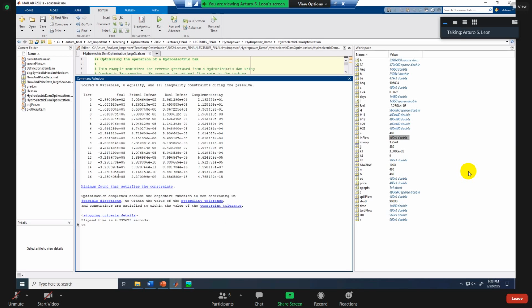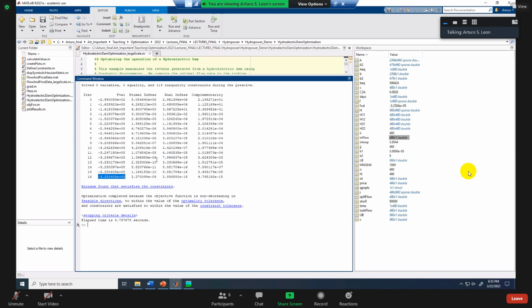Okay, guys. So here, for example, you can see the optimal revenue. The optimal revenue is 3 times 10 to the 5, that's the revenue, 3 times 10 to the 5 dollars.